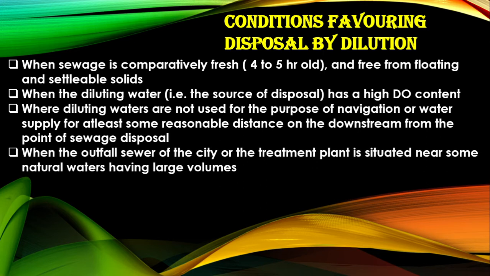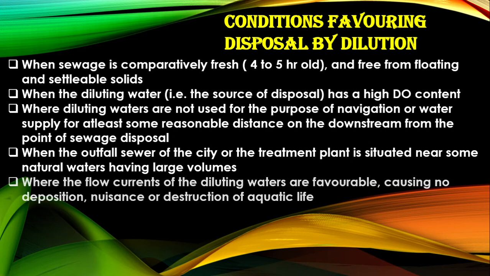When the outfall sewer of the city or the treatment plant is situated near some natural waters having large volumes and where the flow currents of the diluting waters are favorable, causing no deposition, nuisance or destruction of aquatic life. So these are the conditions favoring disposal by dilution.